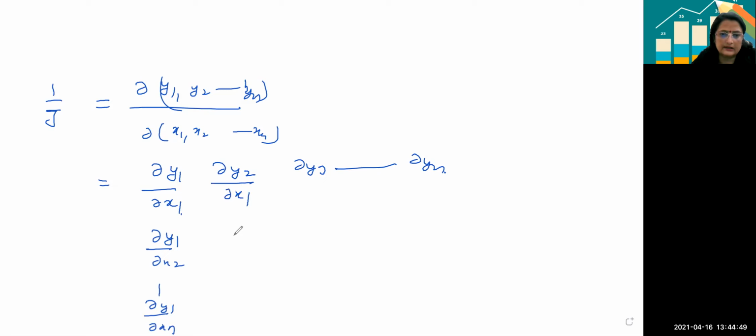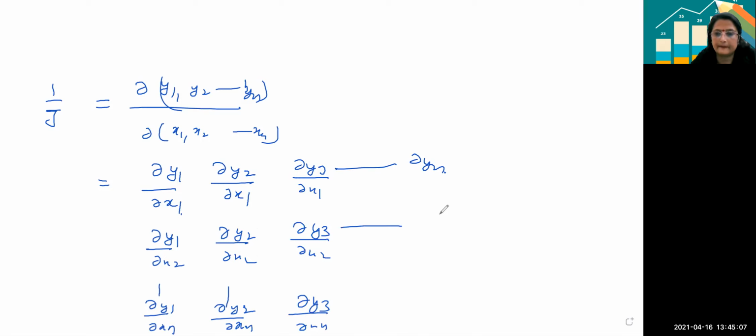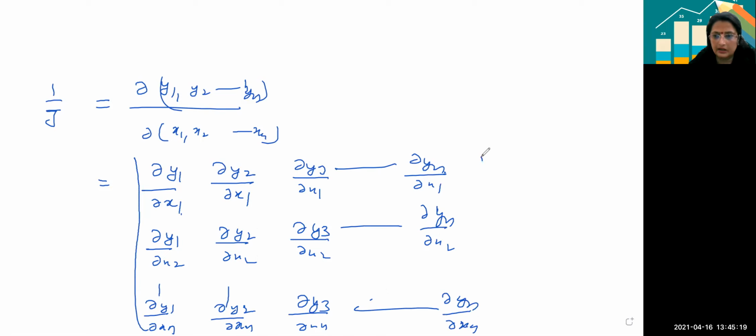Then curly y2 by curly x1, curly y2 by curly x2, so on up to curly y2 by curly xn, curly y3 by curly x1, curly y3 by curly x2, curly y3 by curly xn, and the last will be curly yn by curly xn. So this will be a determinant, and then you will find the mod of it.